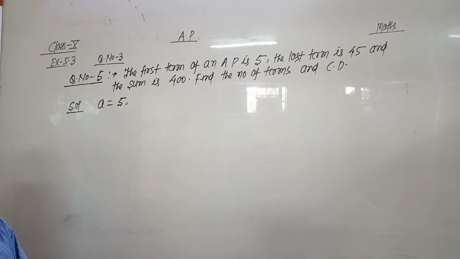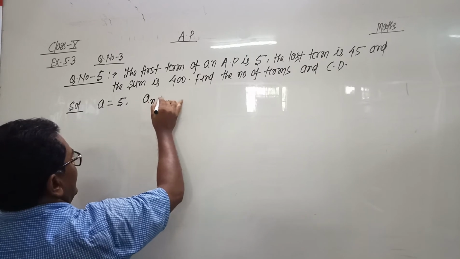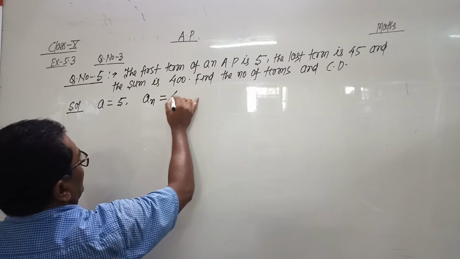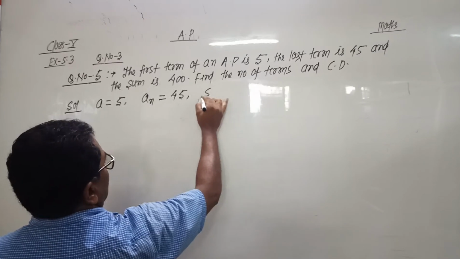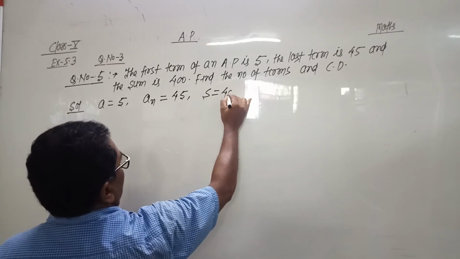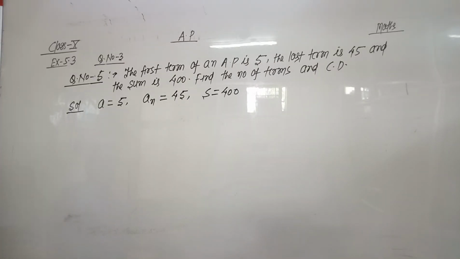The last term means l or an. We can write either an or l. So the last term is 45 and the sum is 400. We have to find the number of terms and common difference.